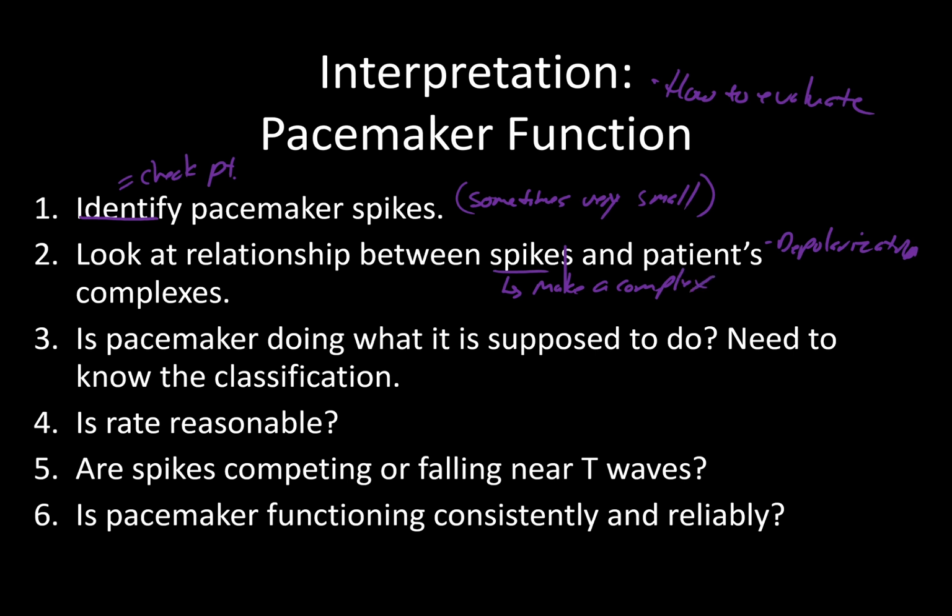Or is the spike just standing alone, floating on its own? And then what's the shape? Did the spike happen and it made a very telltale response from the heart that a pacemaker should, or did the spike happen but then the beat looks perfectly normal? Things like that are what you want to be aware of.